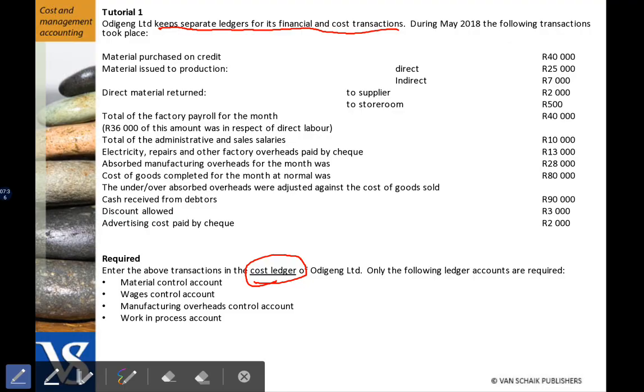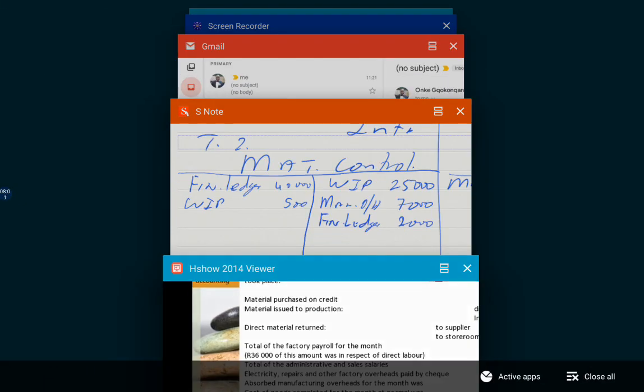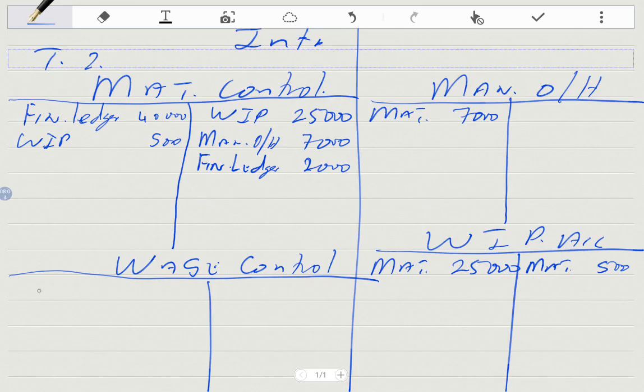Total of the factory payroll for the month is 40,000. They've indicated in brackets that 36,000 of this amount was in respect of direct labor. So it means that the balance is your indirect labor. So your total of that payroll is 40,000. It was going to be your bank account, but we will use the financial ledger for that total amount of 40,000.